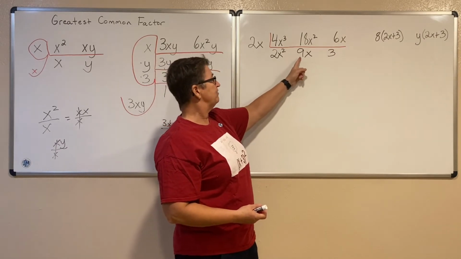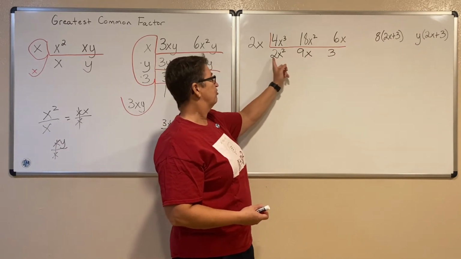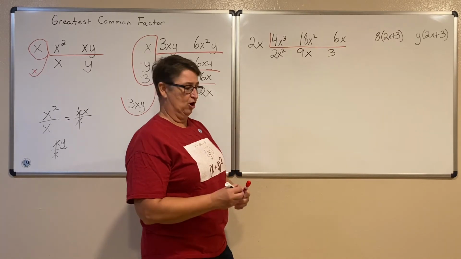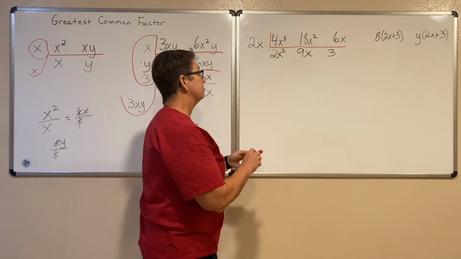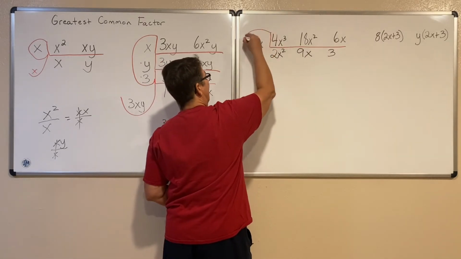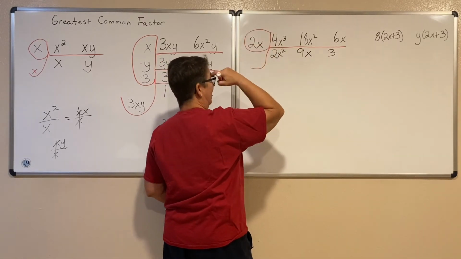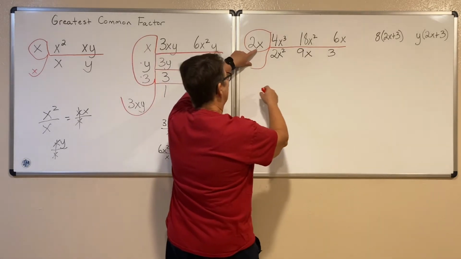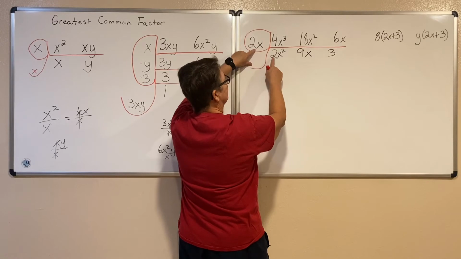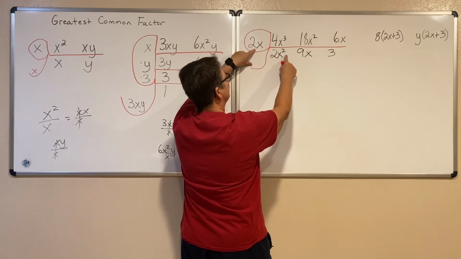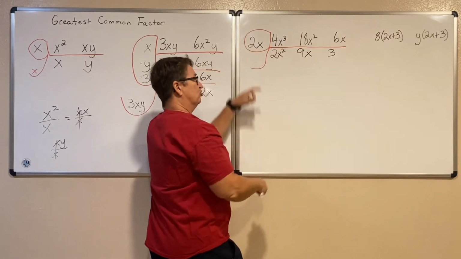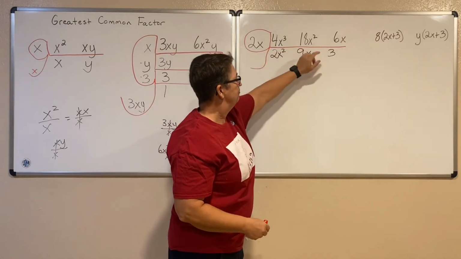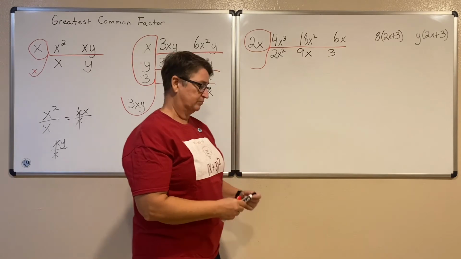And while these two, 3 goes into them, 3 does not go into that. So there's nothing else that they all have in common. So my greatest common factor this time was that 2x. I found the greatest one to begin with. And 2x times the factor of 2x squared gives me that 4x cubed. So I can multiply these together to get my original product.